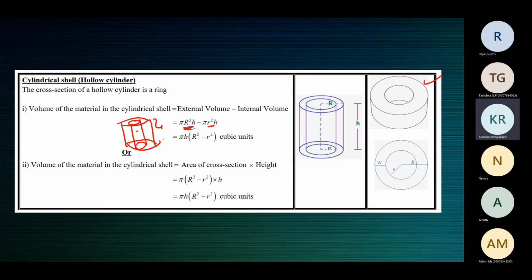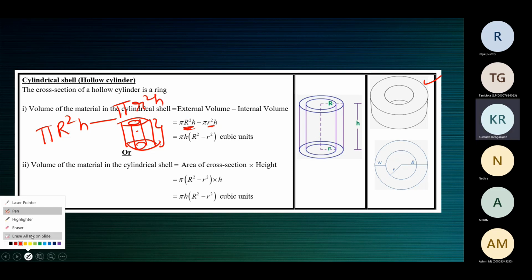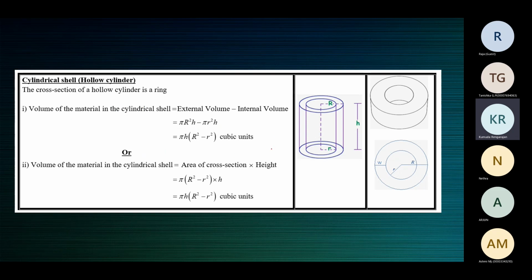The height will be the same. Volume of a cylinder is pi r square h. So from a big cylinder of volume pi R square h, you're removing a small cylinder of volume pi r square h. So the volume of the material is the external volume minus the internal volume.